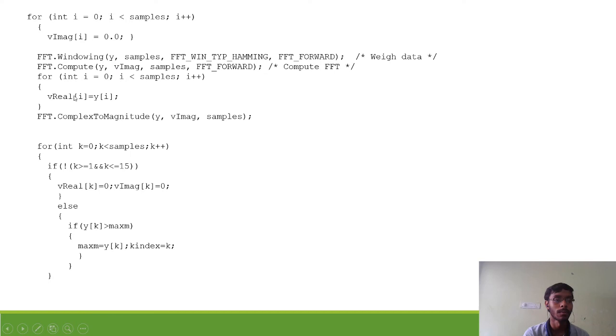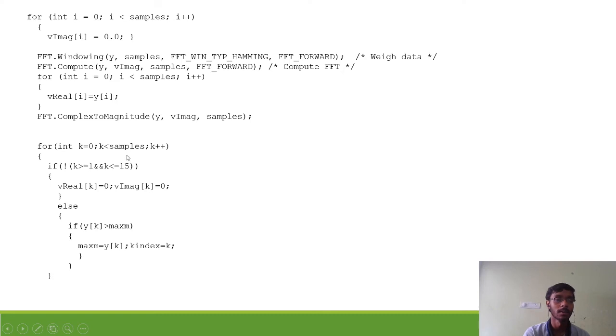So we stored Y in V real of I so that we can calculate the inverse FFT later. Now FFT complex to magnitude, Y, V imaginary, samples. Now we know that we need to preserve 2 to 15 or 1 to 15, whatever it is. If you calculate it, you will get it.